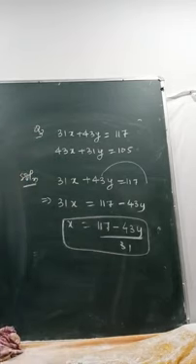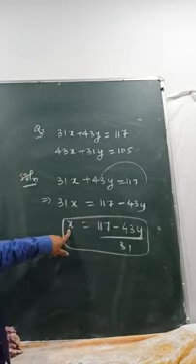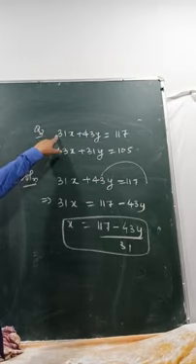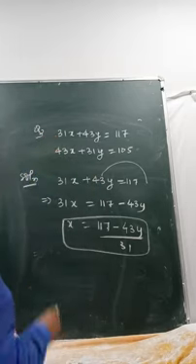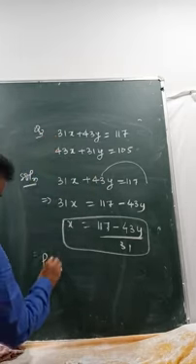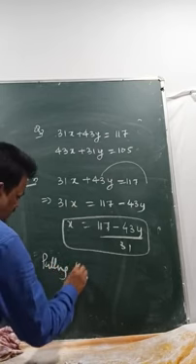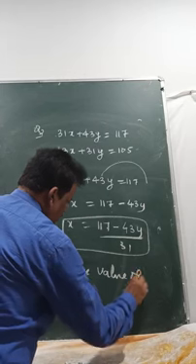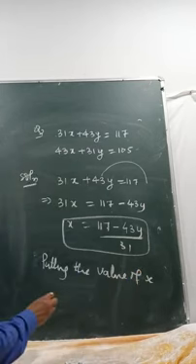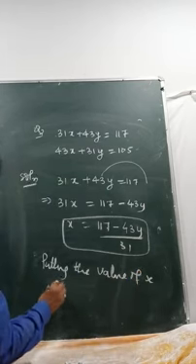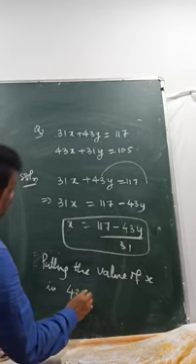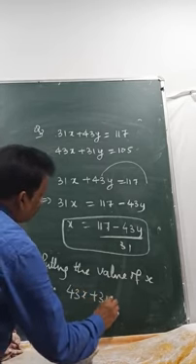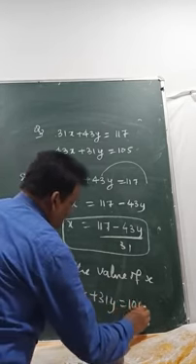Okay. Now we'll put the value of x where? We got it from the first, now we'll put it in the second. Putting the value of x in 43x plus 31y equals to 105.